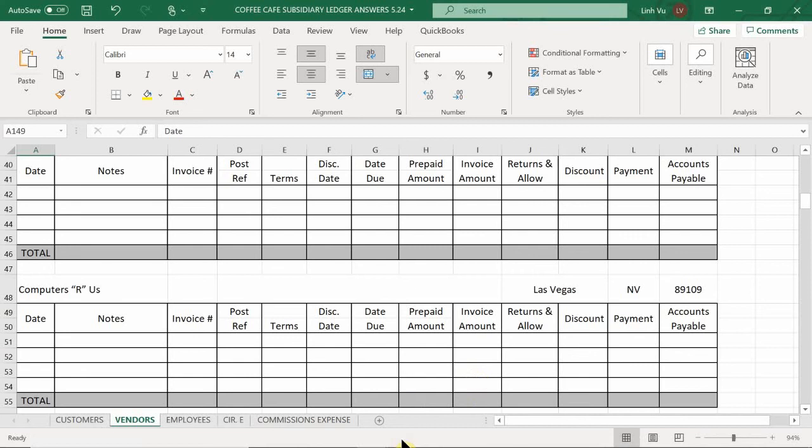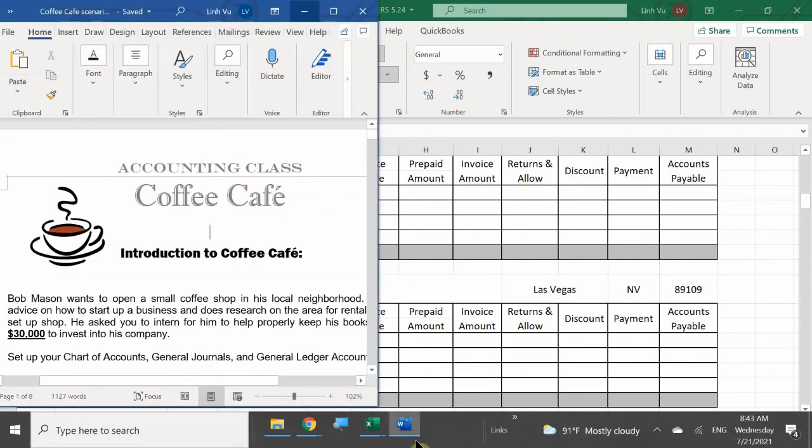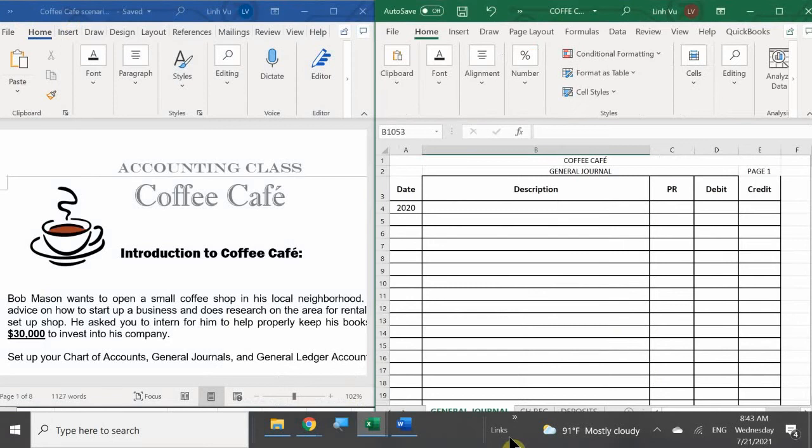Now, once again, here is the scenario, and how I'm going to be showing you how to journalize this is by going through the scenario, and I'm going to be asking a lot of questions to help you gear yourself to understand how a transaction works.